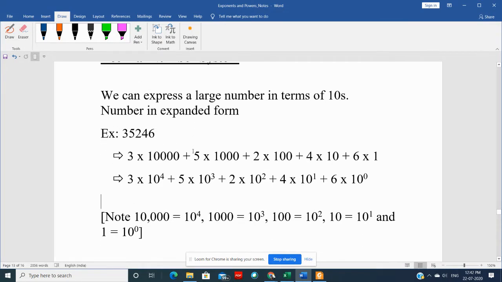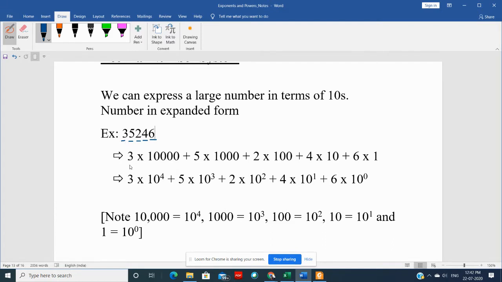For example, this is your number 35,246, all right? Now, if you look at the place value, let me highlight it for you. We know that this is your ones, tens, 100, 1,000 and 10,000.